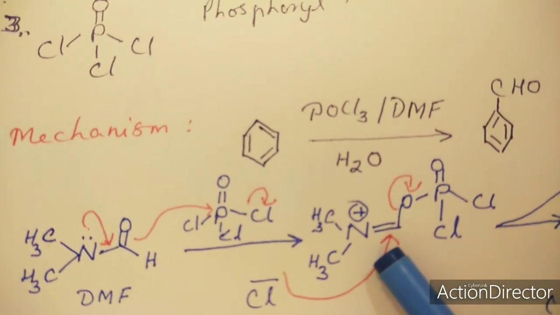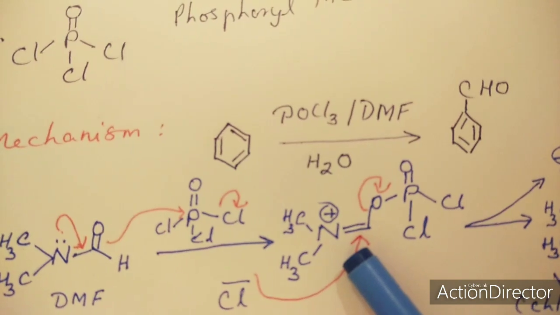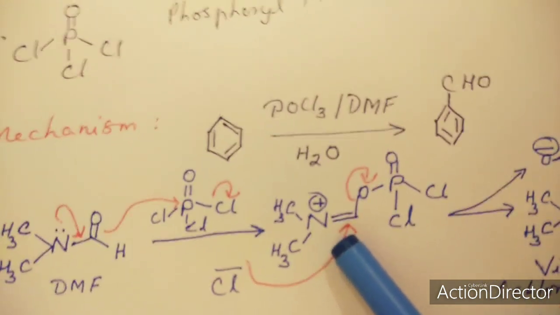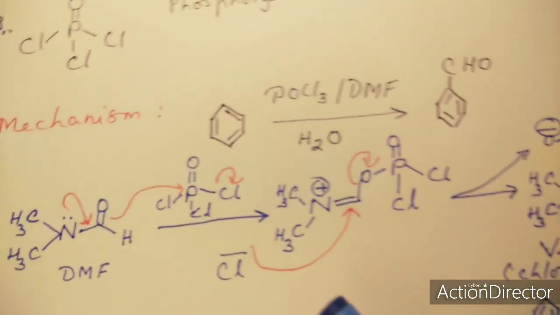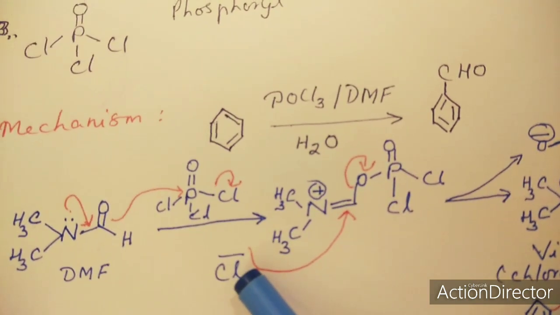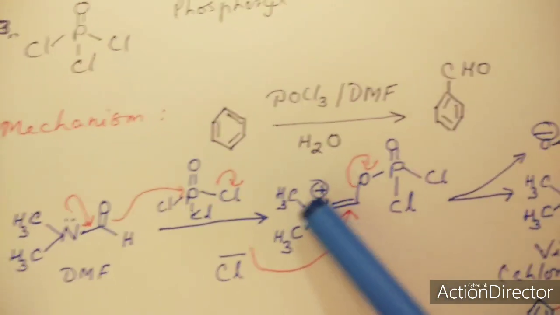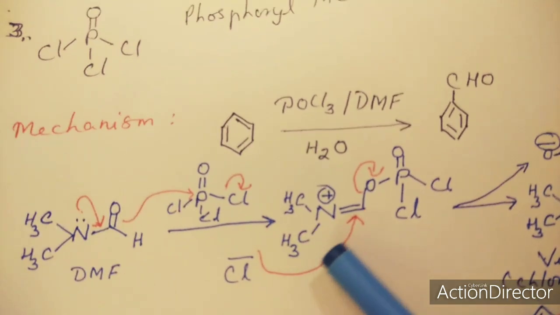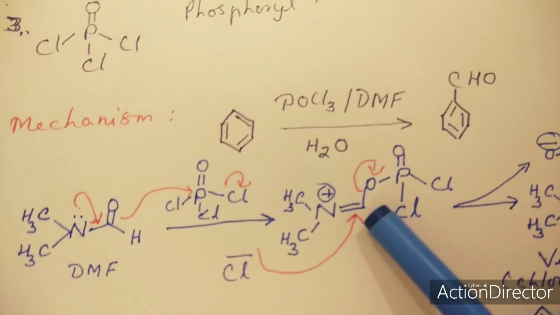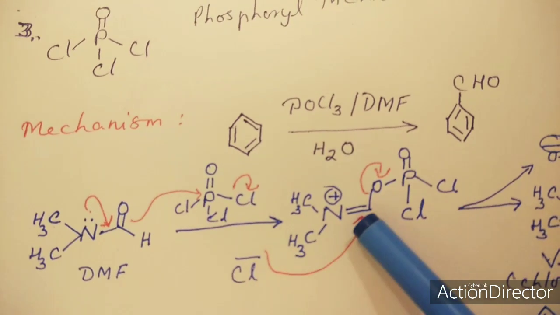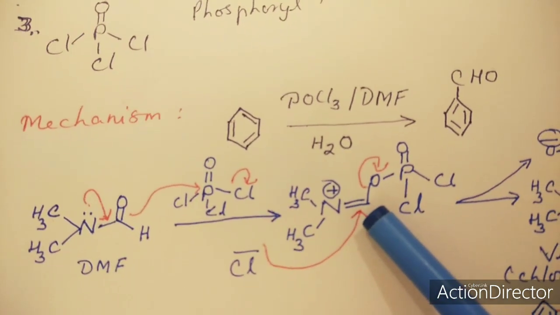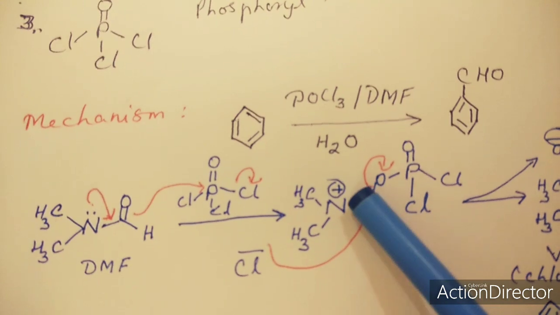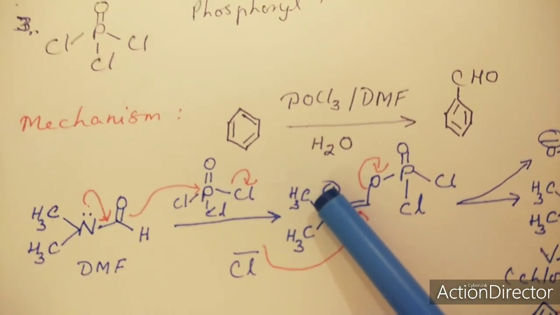Now this intermediate is formed which can react. How will this react? Now Cl negative is here, and nitrogen is having a positive charge, not a very suitable condition. So Cl negative will form a bond here with this carbon, so that the positive charge no longer remains.